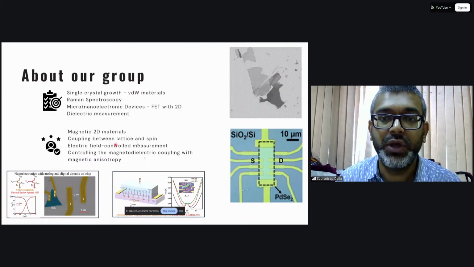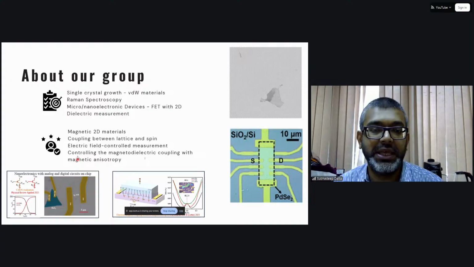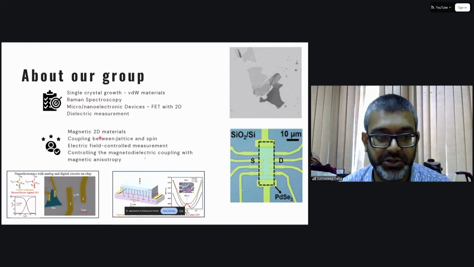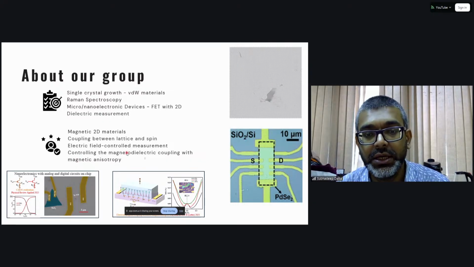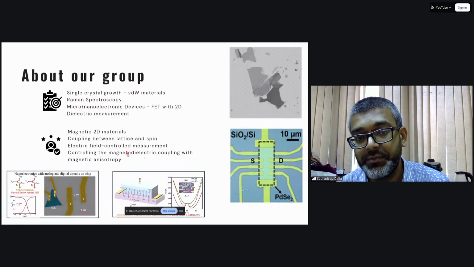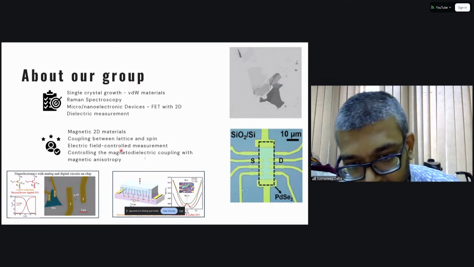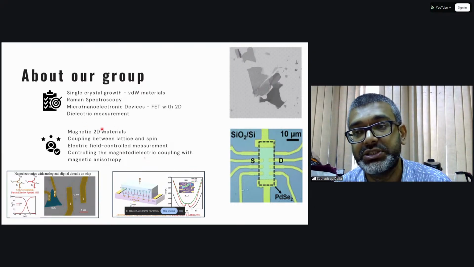And since we are using FETs, field effect transistors, electric field controlled measurements are given importance, and controlling the magnetodielectric coupling with magnetic anisotropy. The dielectric term comes in because we usually use magnetic 2D materials which are insulators.